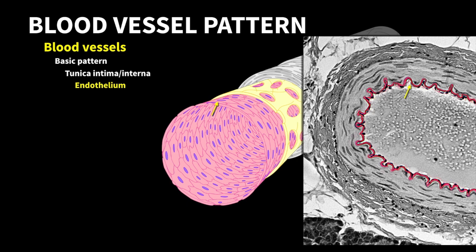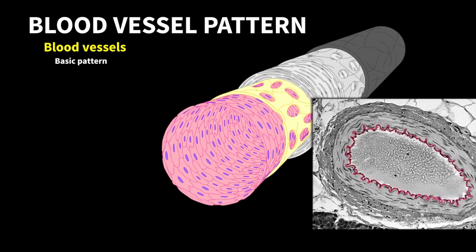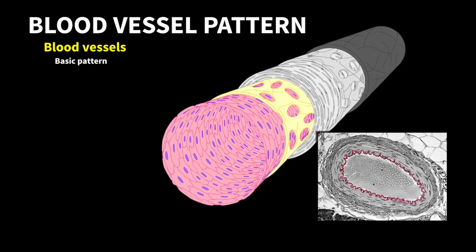Moving outward from the endothelium is a more variable layer in blood vessels, the thin perforated network of elastic connective tissue called the internal elastic membrane. This layer is typically thrown into wave-like folds as a result of muscle contraction in the vessel wall. Together, these two components form the extremely thin internal layer or tunica intima of the blood vessel.